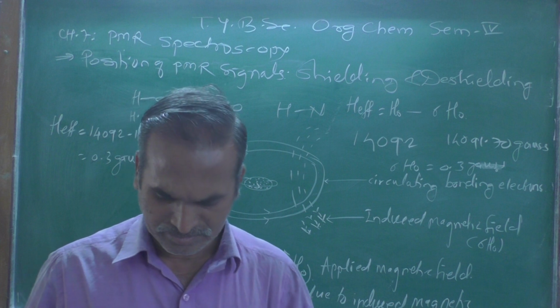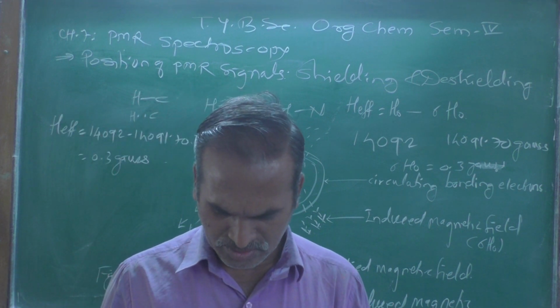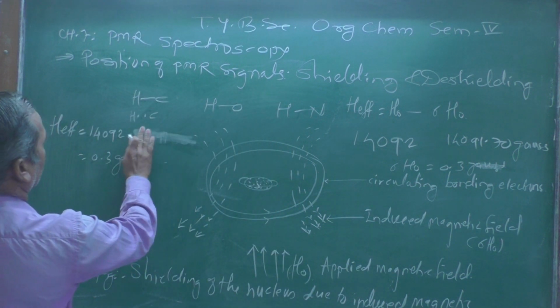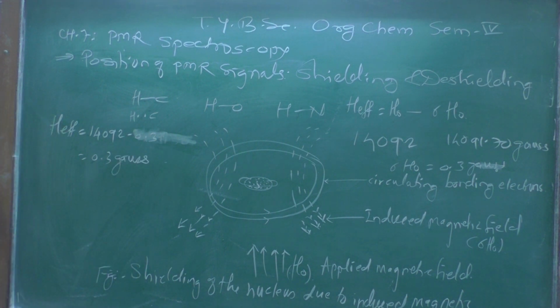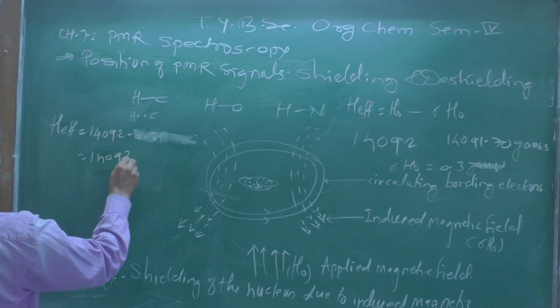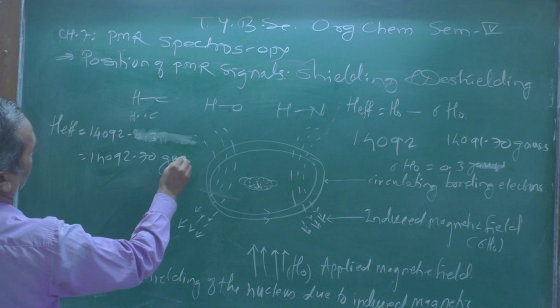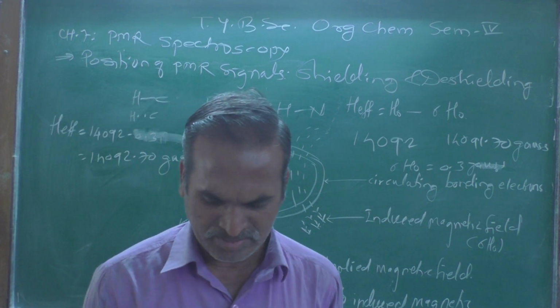That's the answer. H effective is equal to 14,092 minus 0.3, so the remainder is 14,091.70 Gauss.